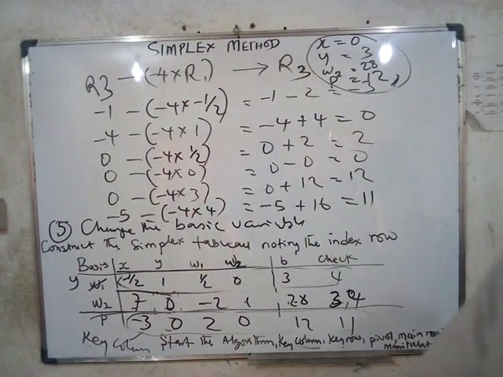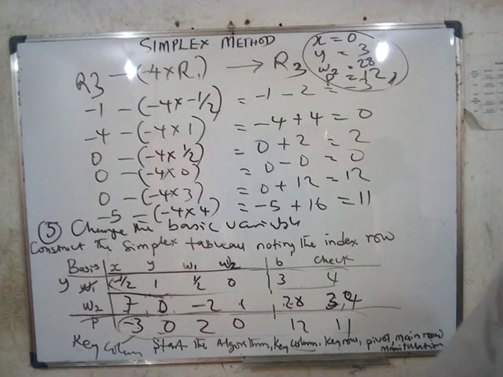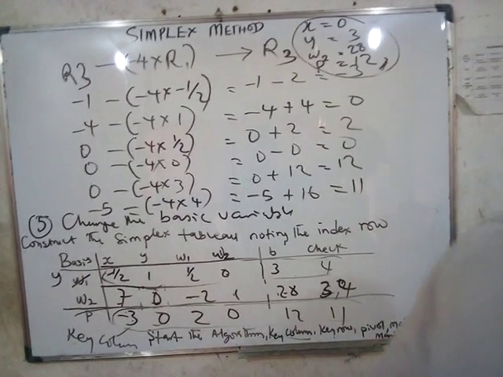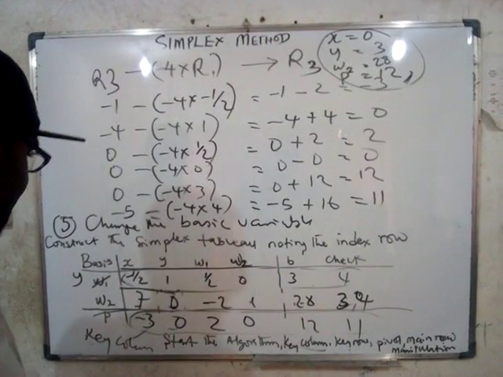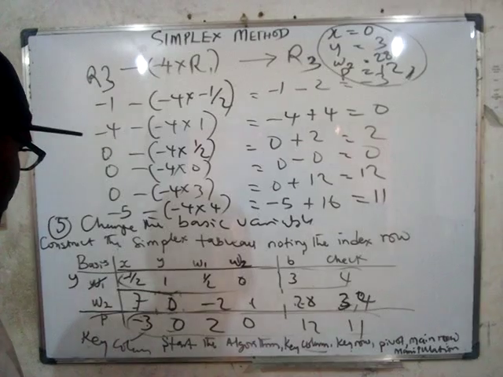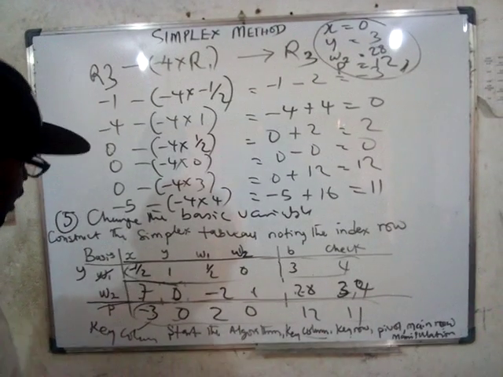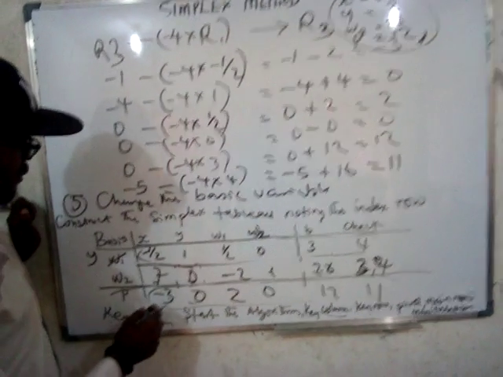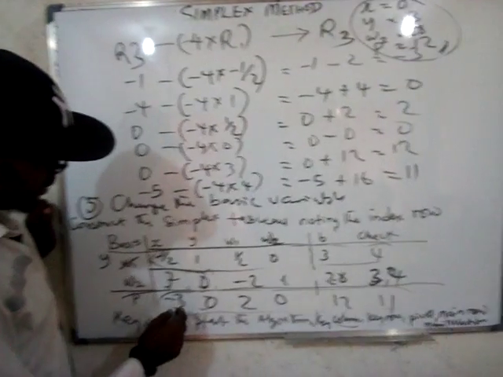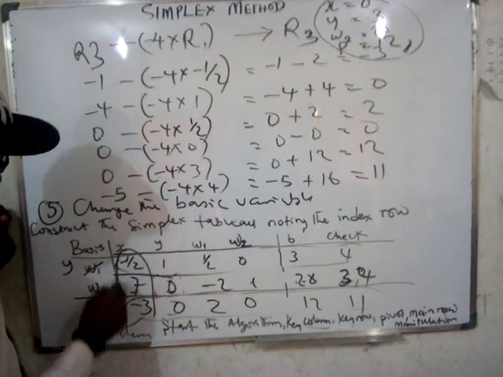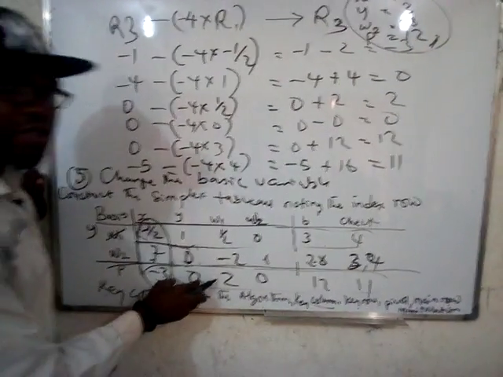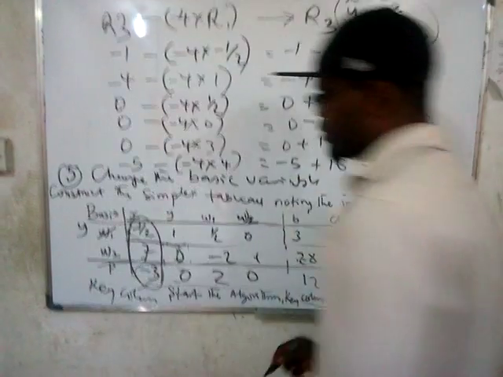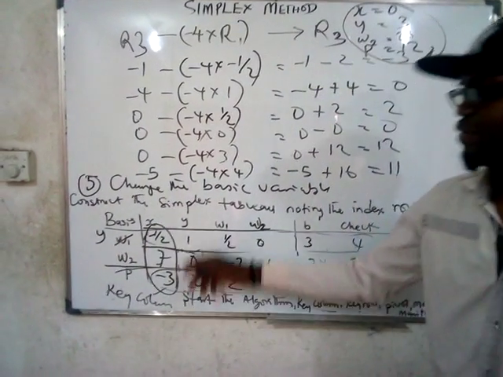And this time around, the key column is the x column, which is the column with the most negative value. So this is what we are now going to be using as our key column, because it is the column with the negative value. Before it was minus 4, but minus 4 is no longer there. So this becomes our new key column.